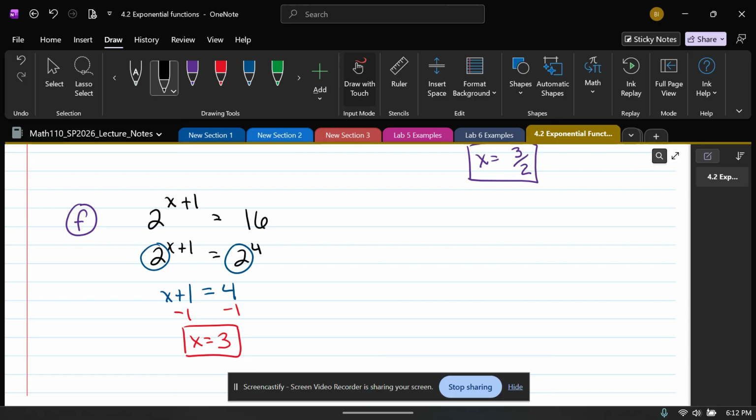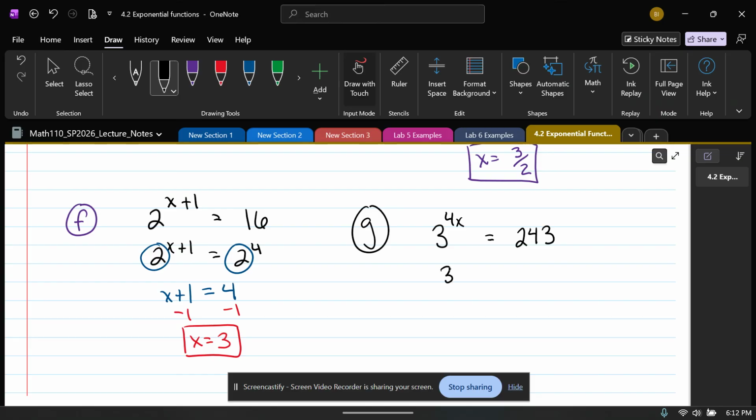Let's try this one. Let's say we had 3 to the 4x equals 243. I'm just going to stretch you a little bit on some numbers, and it's okay to use the calculator to help you figure out what 243 is. 3 to the who? 5th.